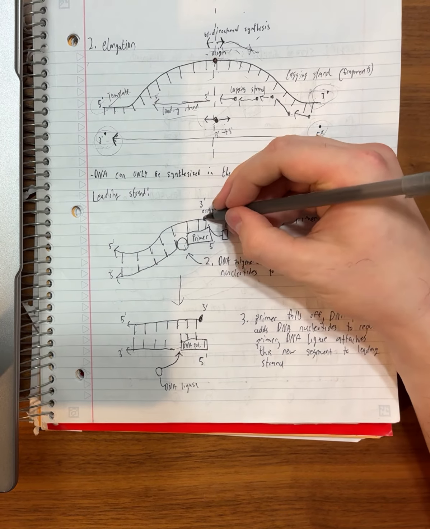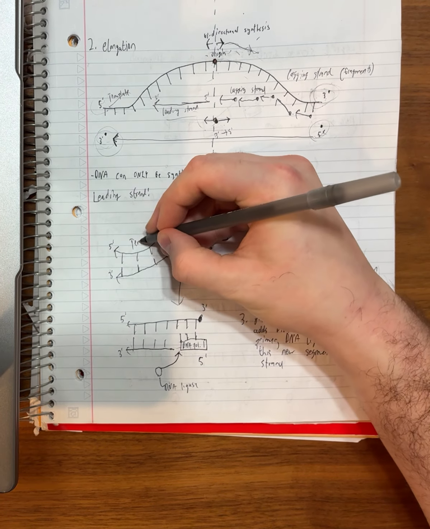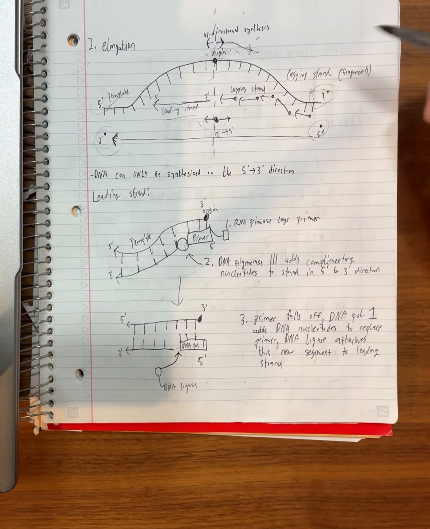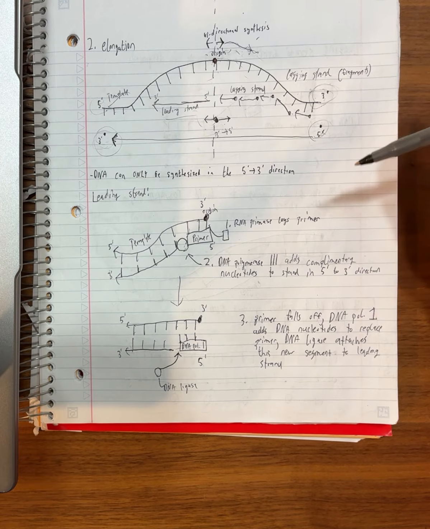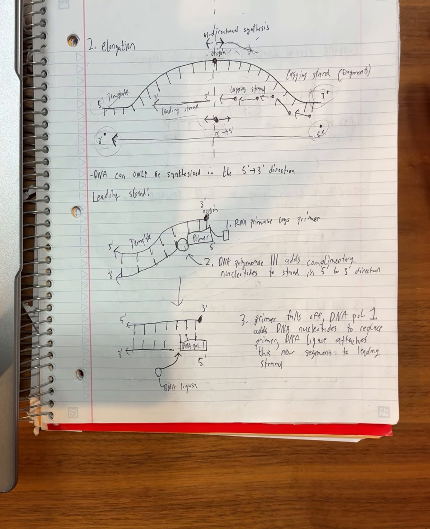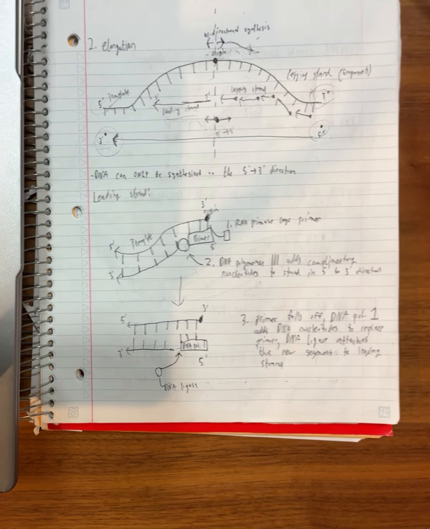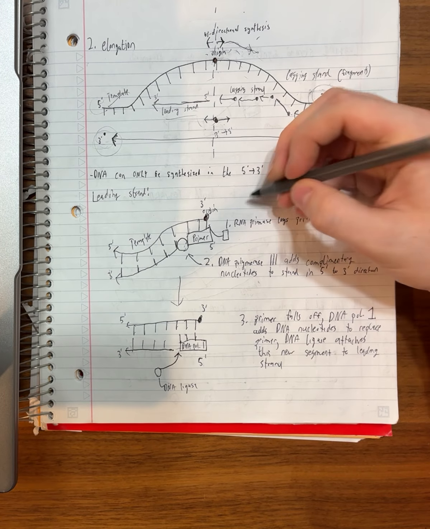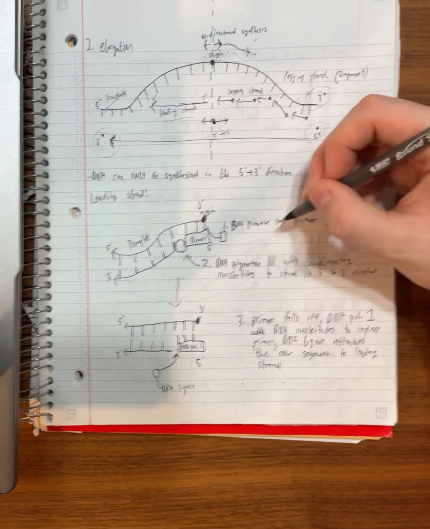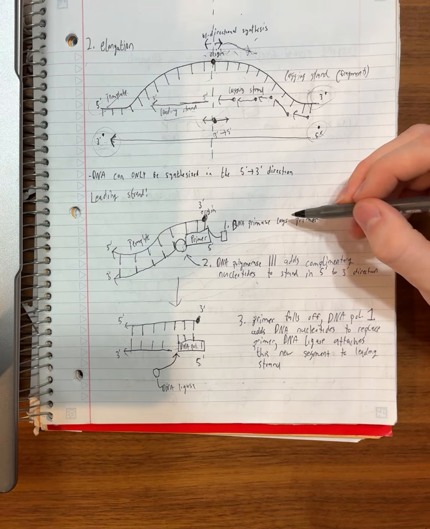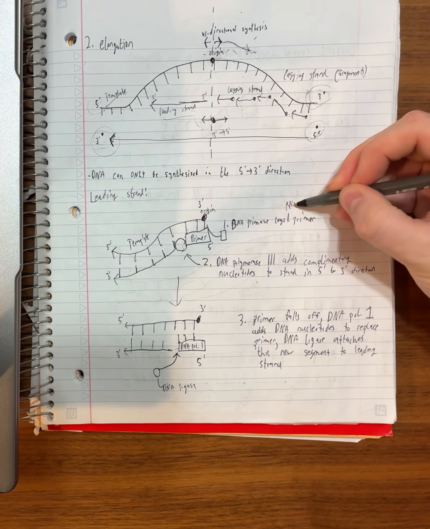So we have our origin here and we have our template strand. It's really only a couple steps for the leading strand. It's very simple. The first thing that's going to happen is DNA primase is going to lay down an RNA primer.